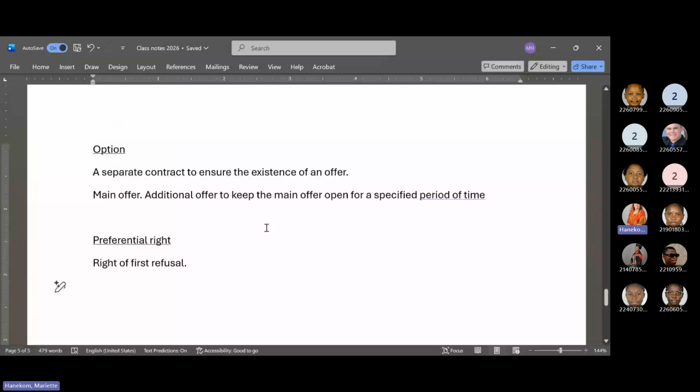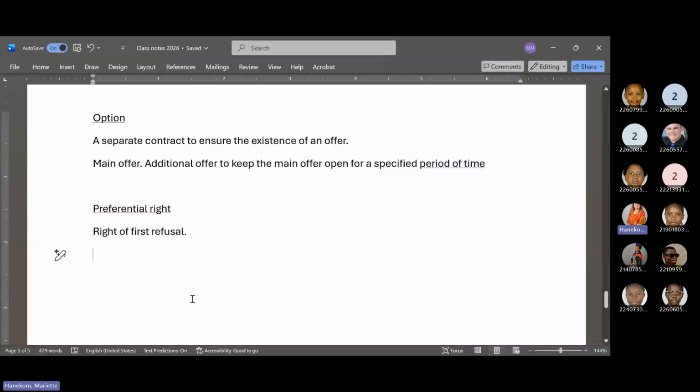So those are two legal concepts that affect the validity, so to speak, of an offer. These are knowledge items, you need to know these. Don't confuse them, don't mix them up.